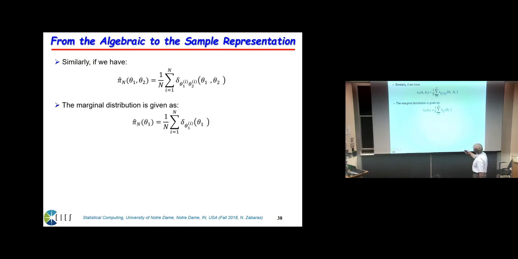If you really want to marginalize this and get rid of θ2, basically you have delta functions only on exactly the same θ1s that you use up there. Because when you integrate over θ2, the delta function in θ2 will give you 1, and those same samples you can reuse to compute the marginal distribution.